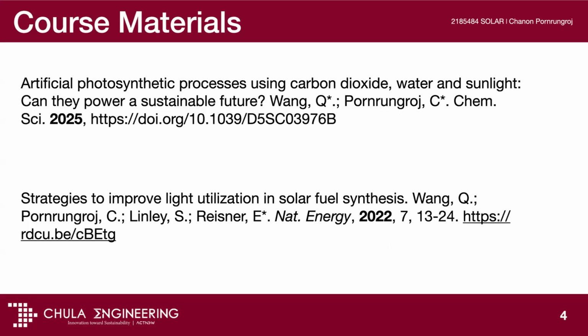And the course material refers to my own papers. The first one was just published. This is about the techno-economic analysis of solar to fuels, which one is closer to industry adoption and what are the directions. So if you have time, this is one of the papers you should read.